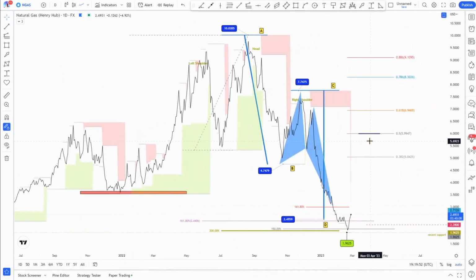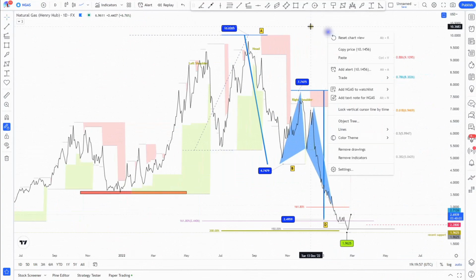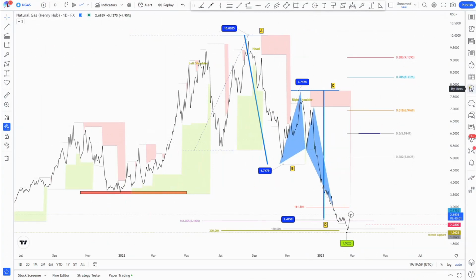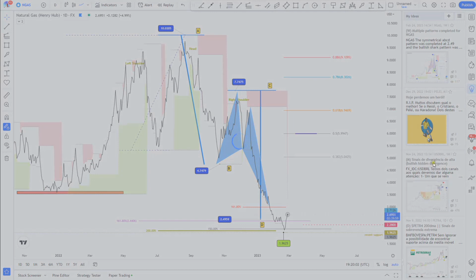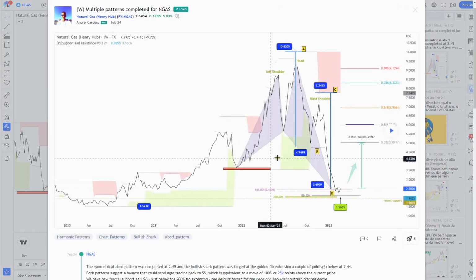The other chart that I want to share with you is for the natural gas. I shared this chart with you before on socials, on Twitter, and I also posted this chart on TradingView.